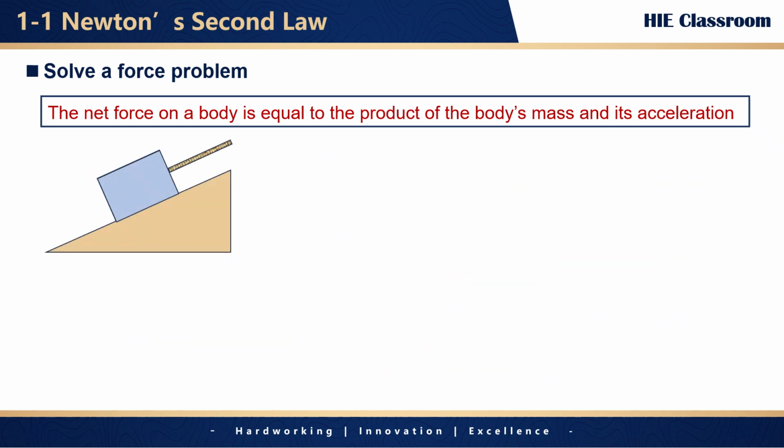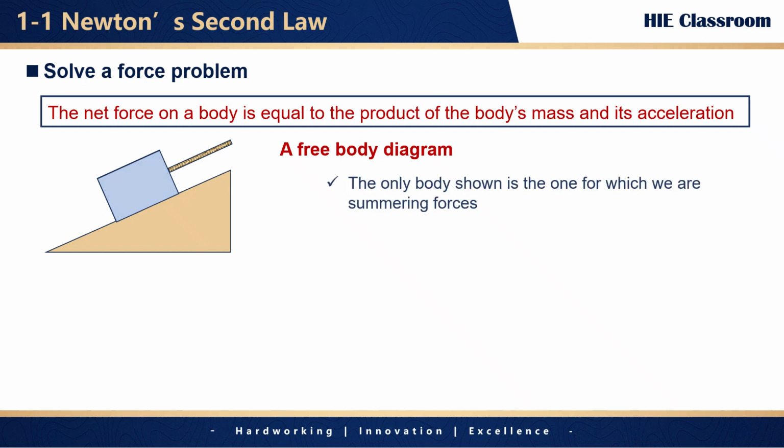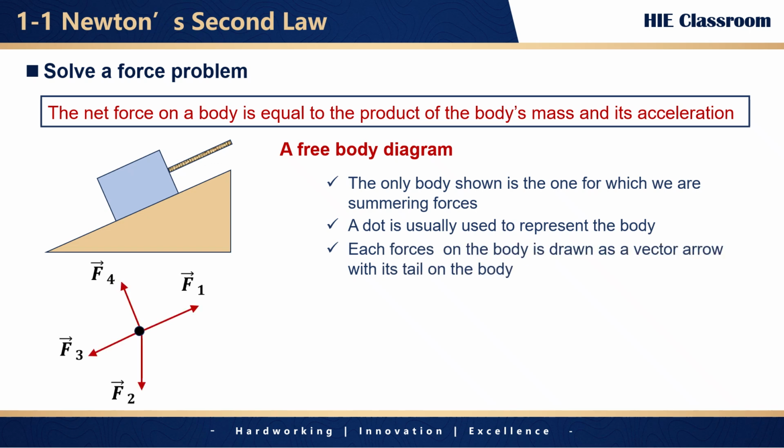To solve problems using Newton's second law, we usually start by drawing a free body diagram. In this diagram, we focus on just one object, the one we are analyzing, and represent it as a simple dot. Then we draw all the forces acting on it as arrows, with their tails starting from the object.